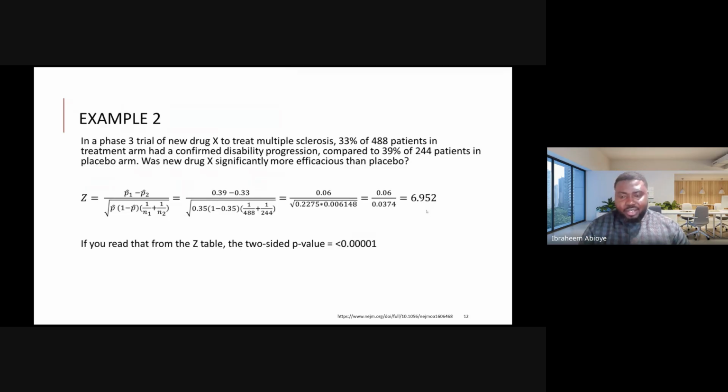In this case, you have a Z statistic of 6.952. If you read that from the Z table, you get a p-value less than 0.001. This is the Z test for comparing two sample proportions, which is the standard Z test.